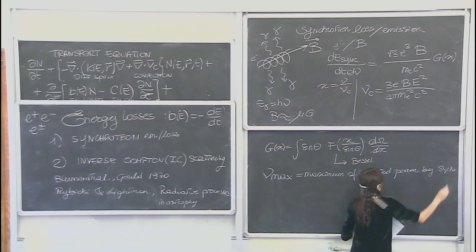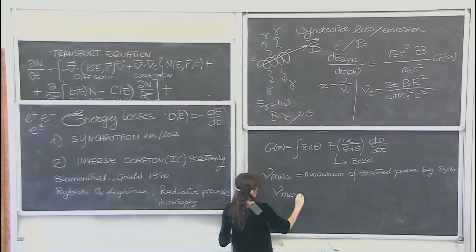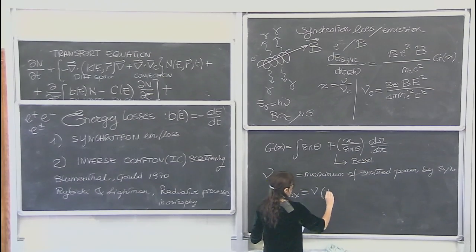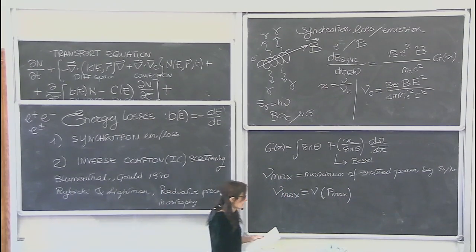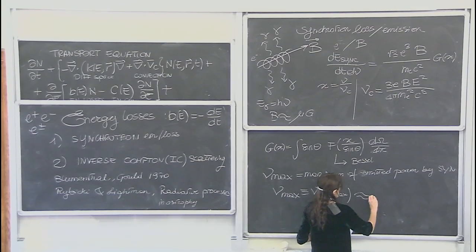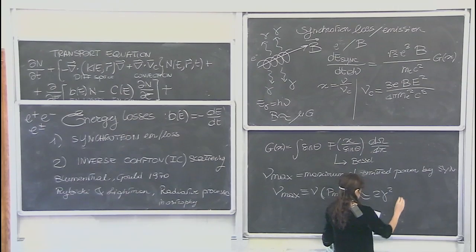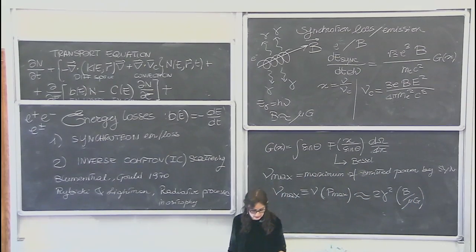By the synchrotron interaction, nu max is the frequency at which we have the maximum of the emitted power, or if you want, the maximum of the energy loss. And it is more or less approximately given by 2 gamma squared times the magnetic field measured in microgauss.